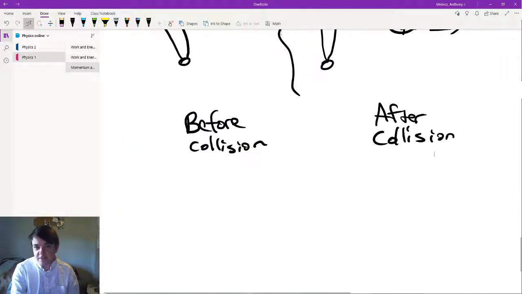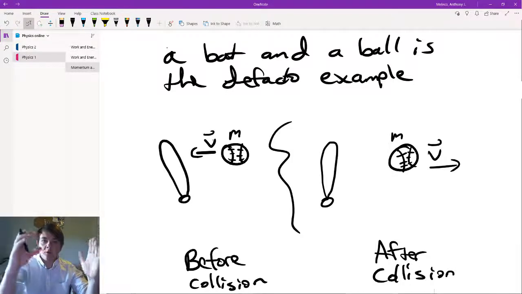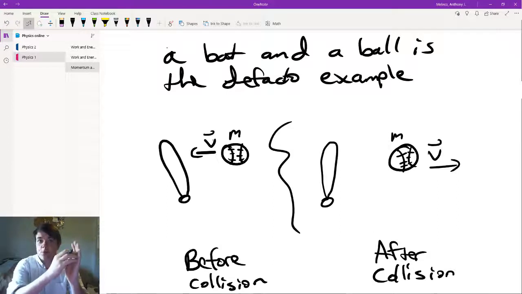So the way you look at this is the bat applies impulse to the ball, because beforehand the ball has this momentum, coming in, it has mass times velocity in a certain direction towards the bat. That's its momentum. The bat then applies an impulse which changes the ball's momentum, thereby changing its direction.